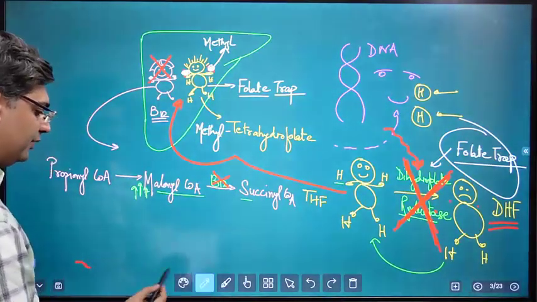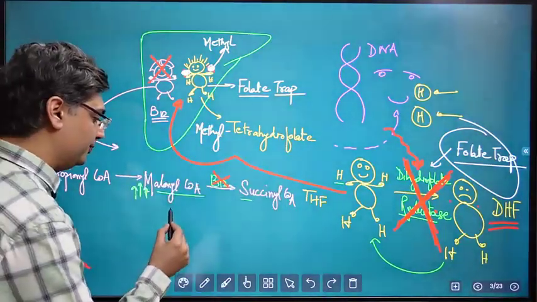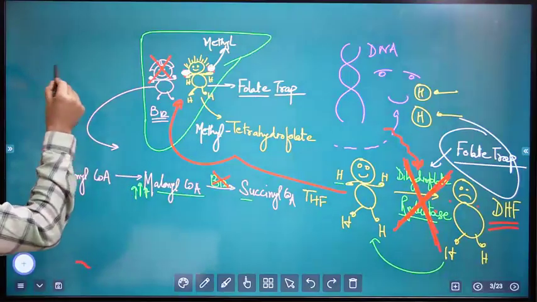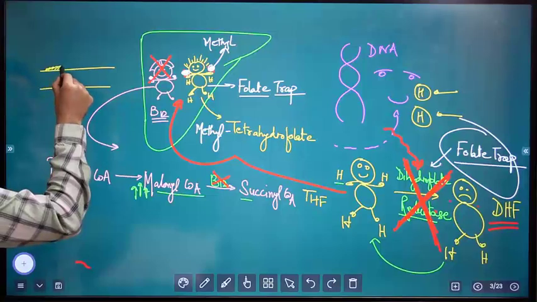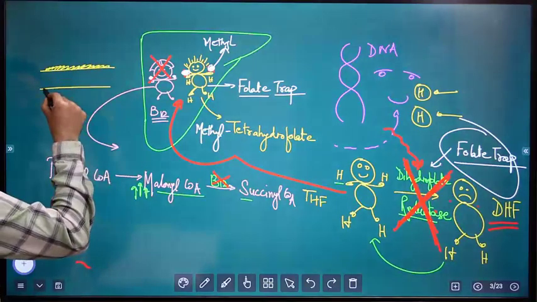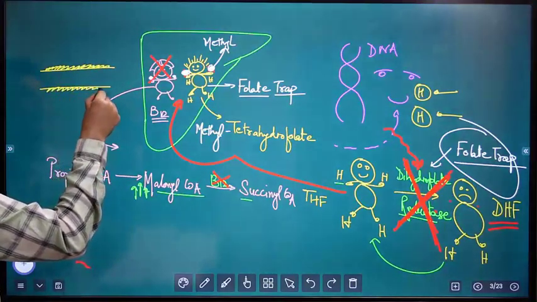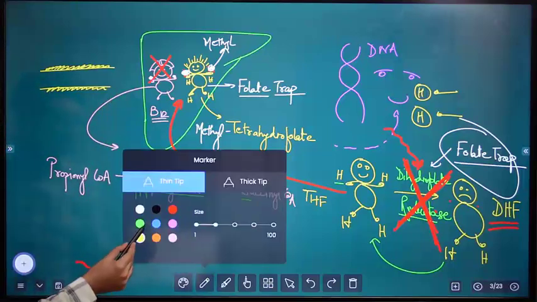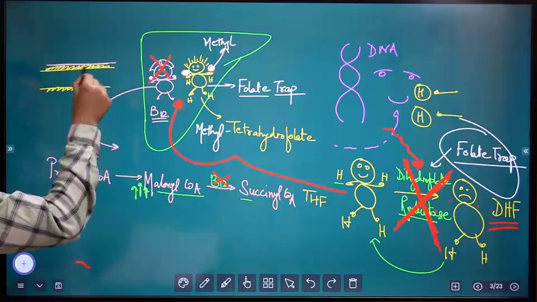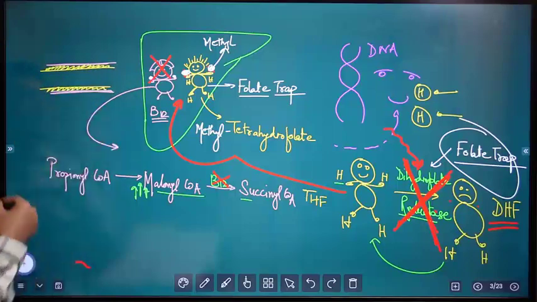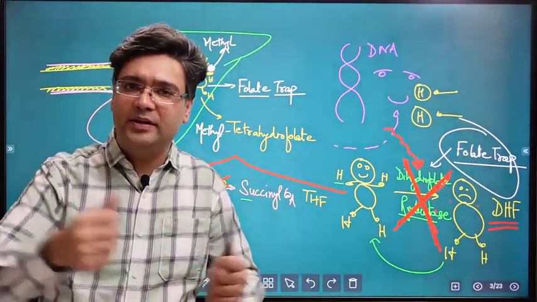What can it do? I'll show you. Let's say this is a nerve fiber. The nerve fiber is going to have myelin over it, and this malonyl coenzyme A is attracted towards these myelinations, and it starts getting deposited over them and stripping them out.